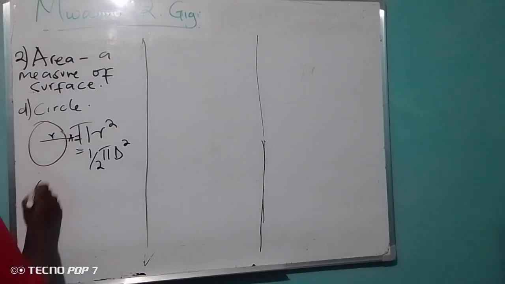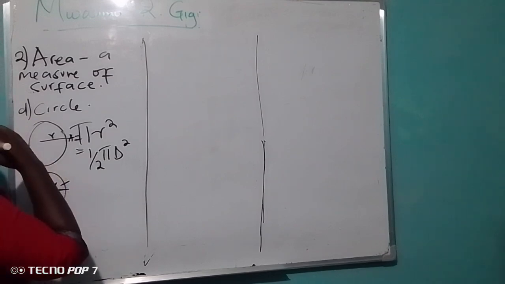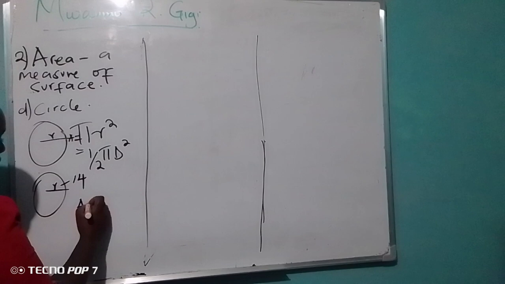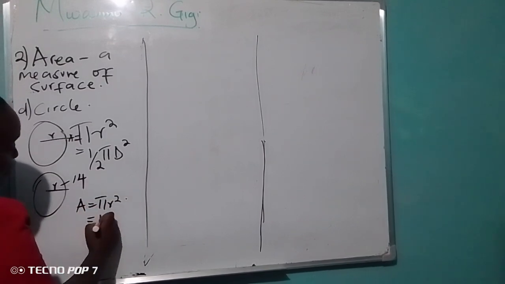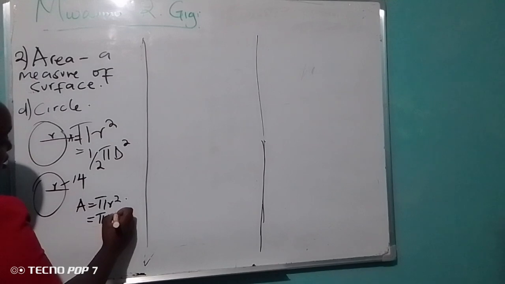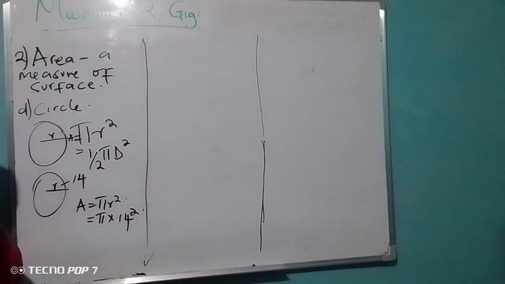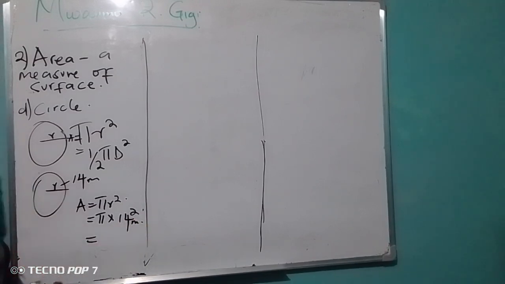Simple. If this circle R is, wakikupea area 14, area is pi r squared, which is pi times 14 squared. Sindio? 14 meters.